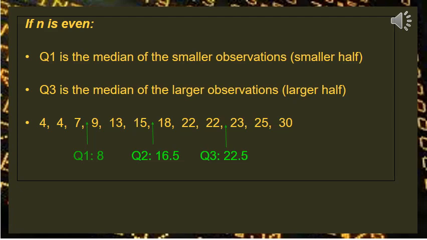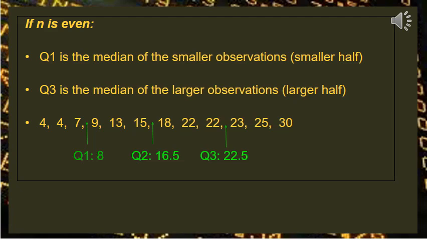So here, to calculate Q1, I will use number 15. Q1 is the midpoint of the lower half of observations. So the midpoint here between my observations that go from 4 to 15. Here, the exact midpoint is located between 7 and 9. It is 8. I proceed the same way for Q3, my third quartile.